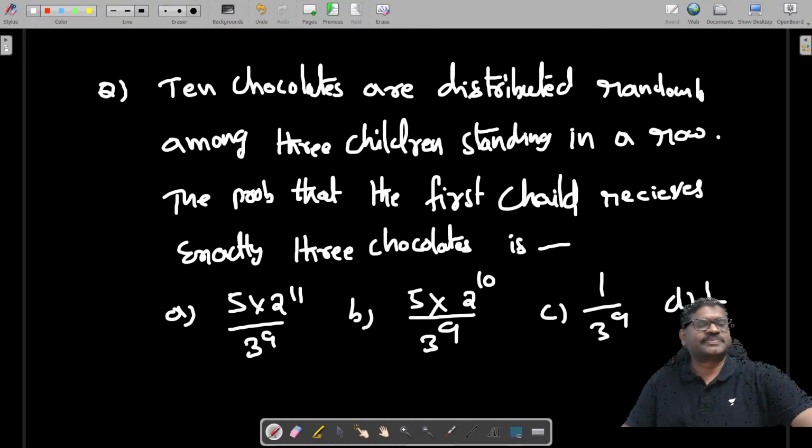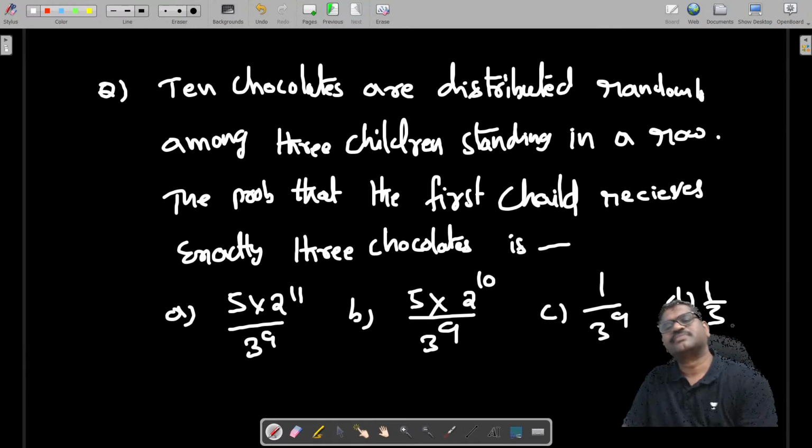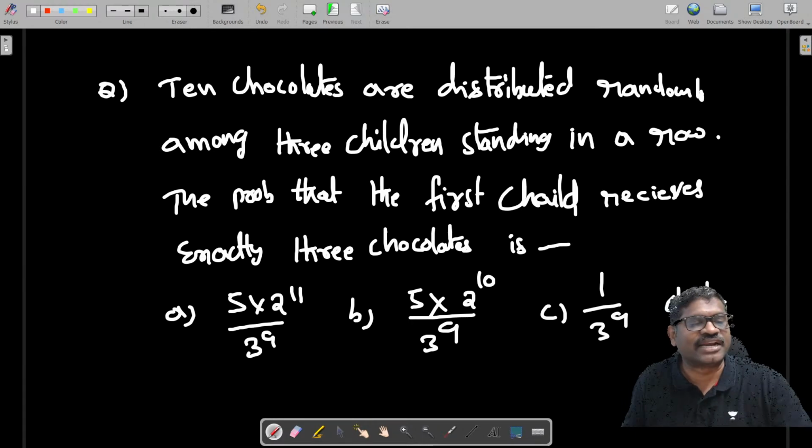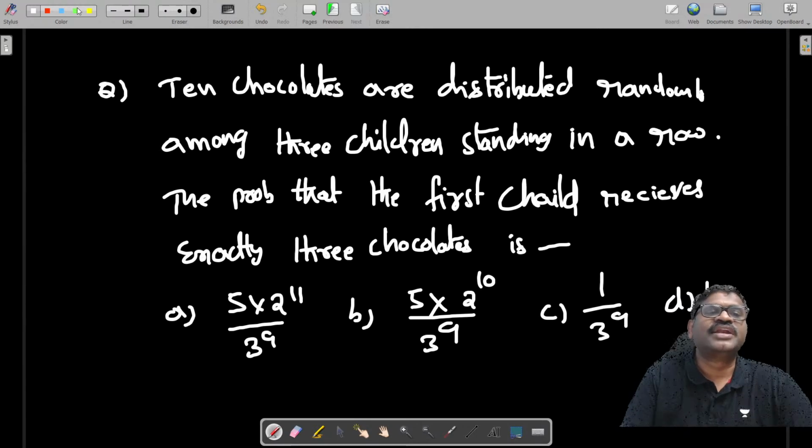Observe here. There are 10 chocolates and 3 different children. First chocolate you can give either to first child or second child or third child. Every chocolate has 3 options.